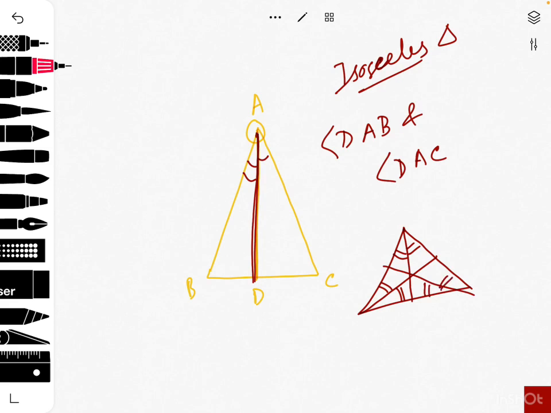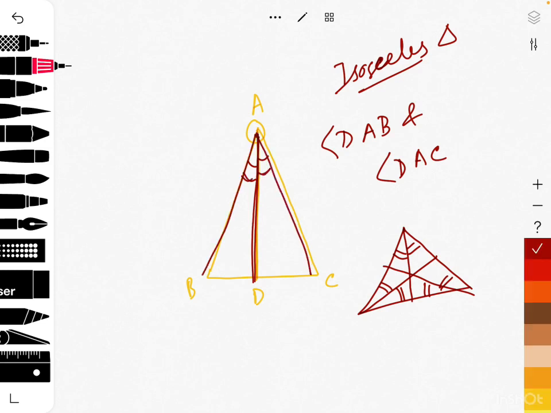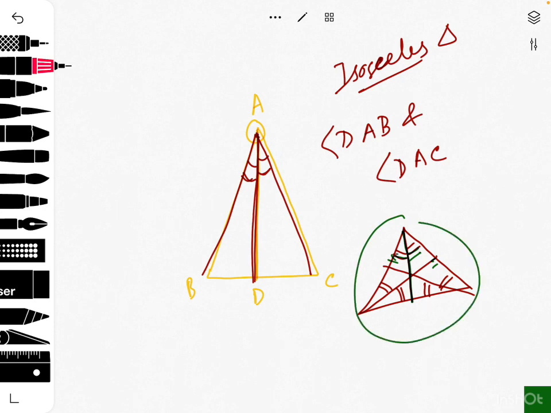Keep it in your mind that in an equilateral triangle and an isosceles triangle, a median will bisect the angle at the vertex whose adjacent sides are equal in length. Since in an equilateral triangle all the sides are equal, the median or the height will always bisect both angles.